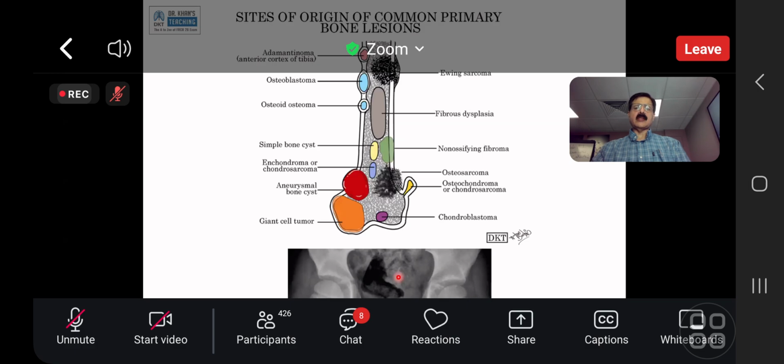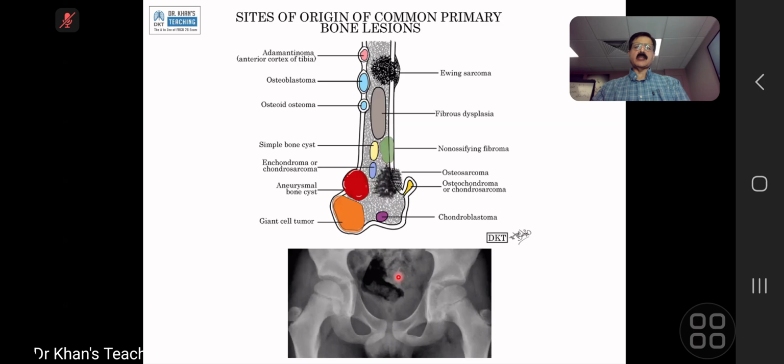Other than this, you did consider differential diagnoses, you did consider non-ossifying fibroma. But the key point was that an aneurysmal bone cyst will not have this marginal sclerosis. Non-ossifying fibroma, of course, the marginal sclerosis can be there, but it will be thinner.